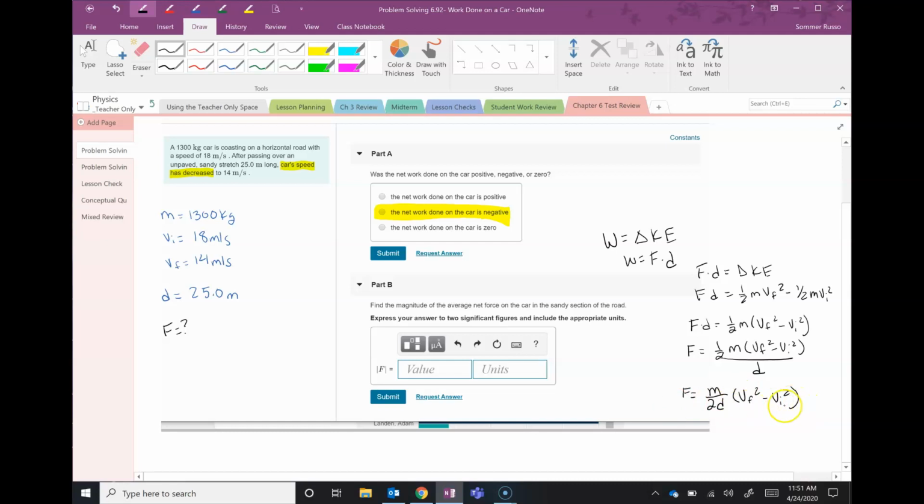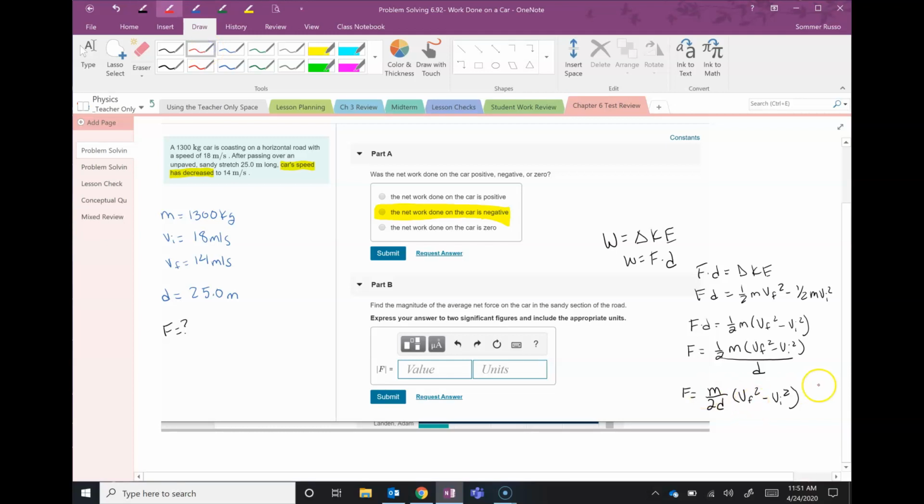So now we can plug in the numbers we have, because we have everything. We have our mass in kilograms, our distance in meters, and our initial and final velocities in meters per second. Please note that these terms are squared, so make sure that you square the 18 and square the 14, then subtract those values. Otherwise you're going to get the wrong answer.